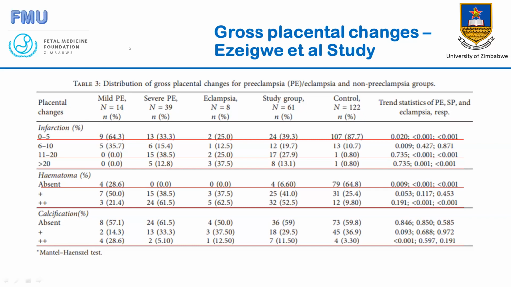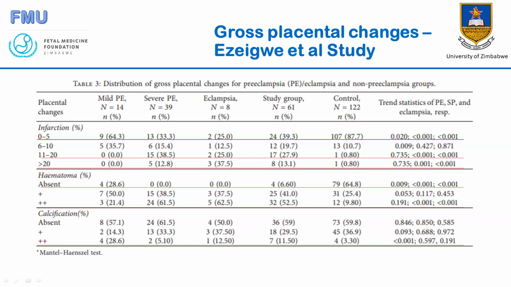No statistical significance for the severe, and also no statistical significance for the eclamptic group. So these are the gross placental changes. Now I move on to the histological findings.